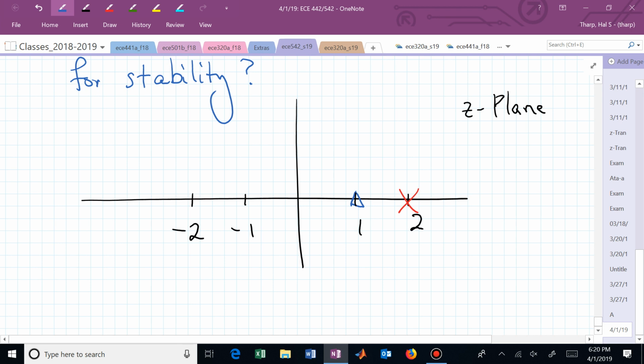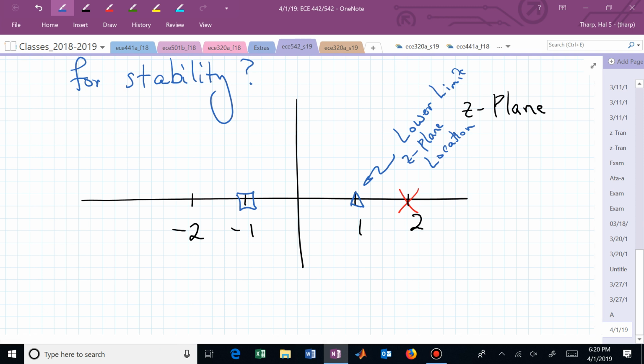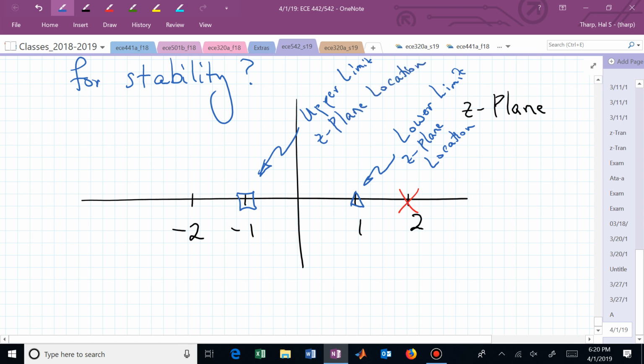This will be our lower limit on our z-plane location. And do you see that this would be our upper limit at -1? If we kept cranking up k to get us to that -1 point, this would be our upper limit in our z-plane location.